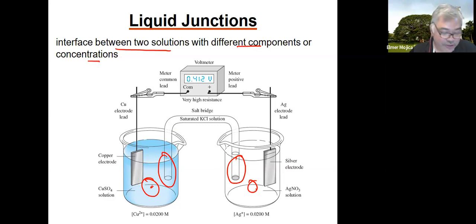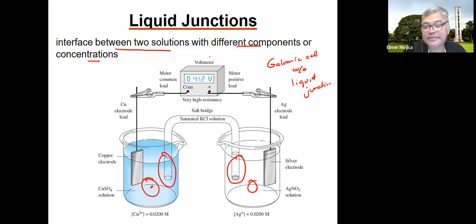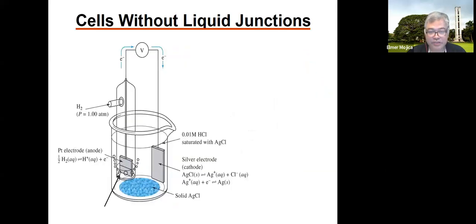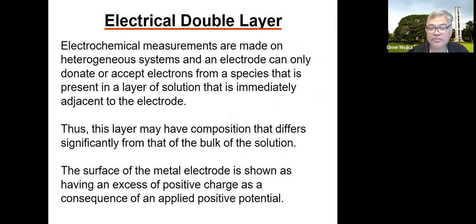Okay. Now the question, can you have a galvanic cell without liquid junction? Is that possible? The answer is yes. You can have a cell without liquid junction.